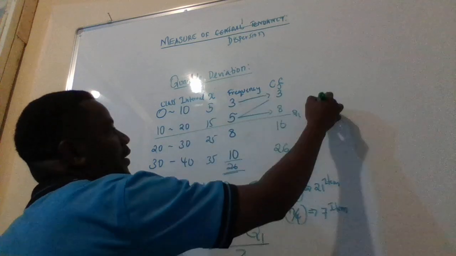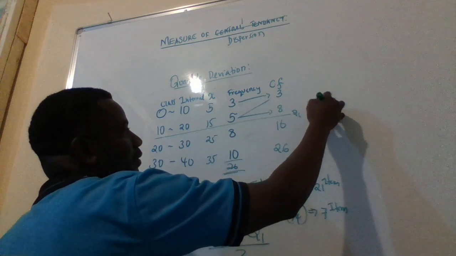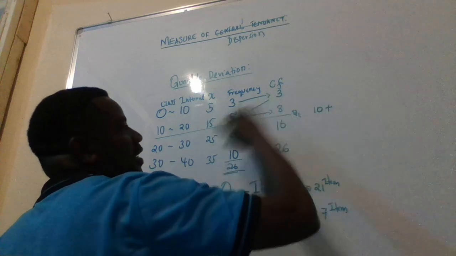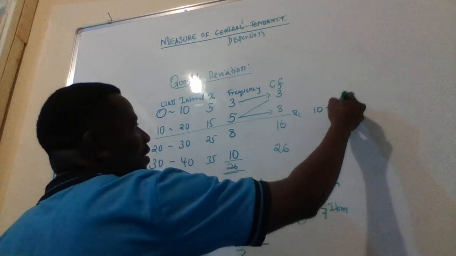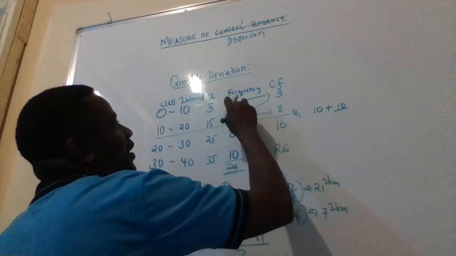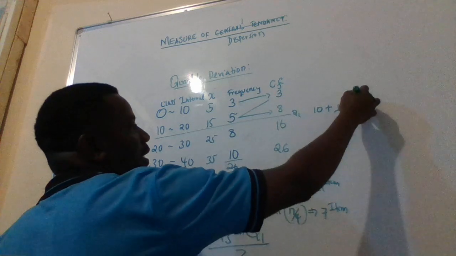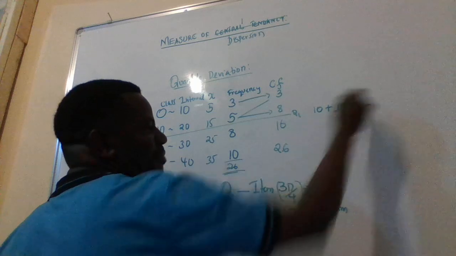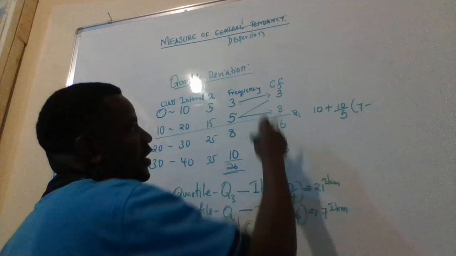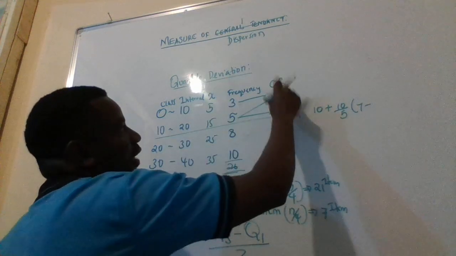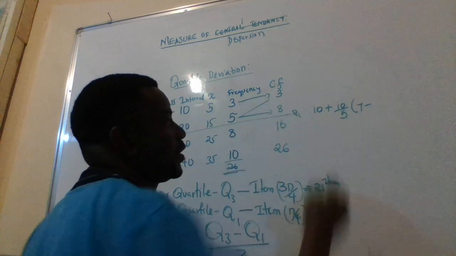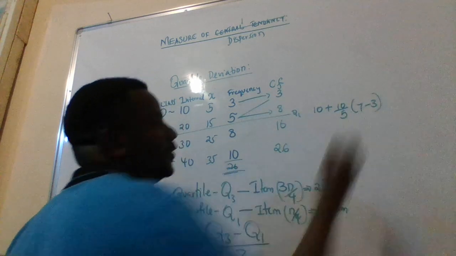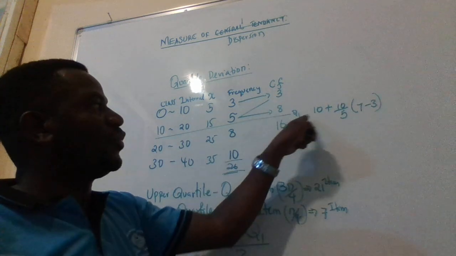Our L is 10, plus the difference 10, over the frequency 5, into brackets item 7 minus the upper cumulative frequency, which is 3. That's how we shall calculate Q1.